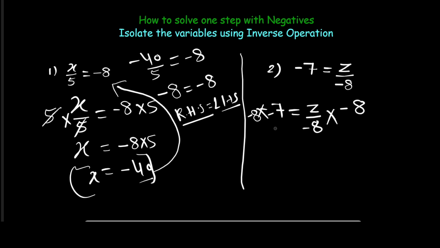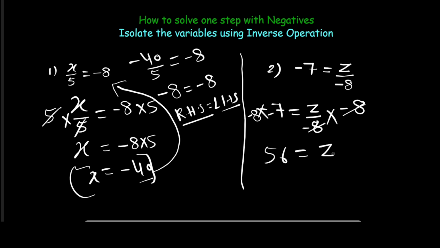Here is minus 7. If we multiply minus 8 and minus 7, minus and minus will give us positive, and 7 times 8 is 56. On the other side, z is being divided by minus 8 and multiplied by minus 8, so the 8 and 8 will cancel out each other.